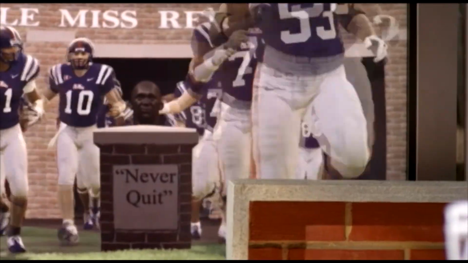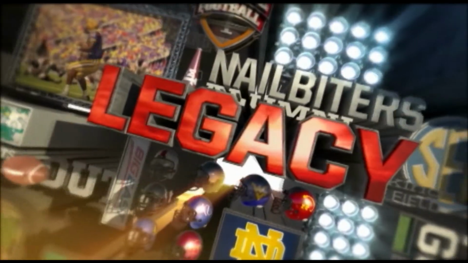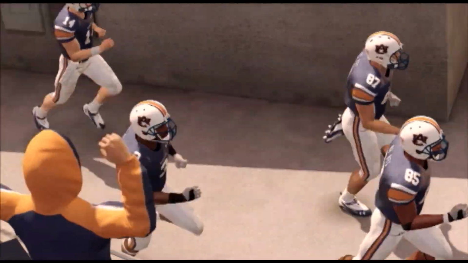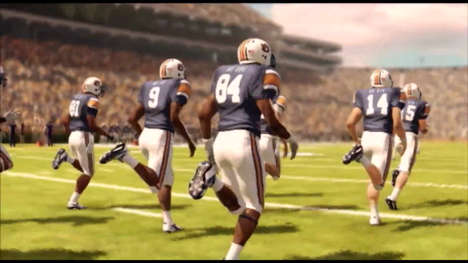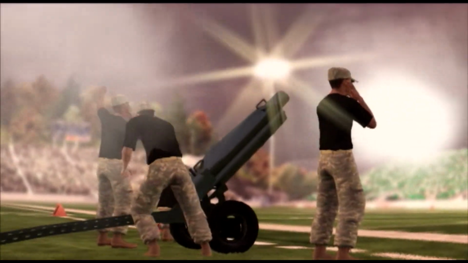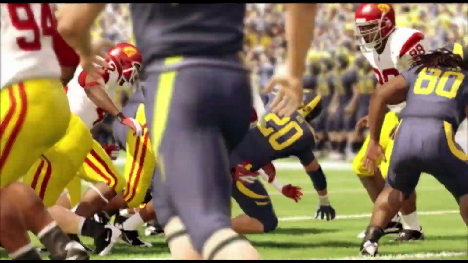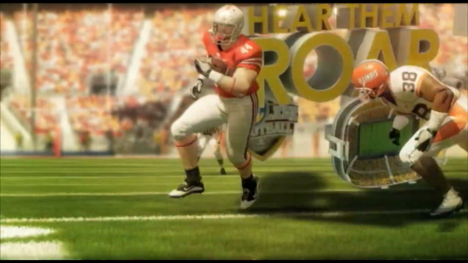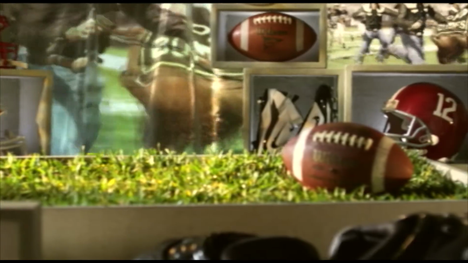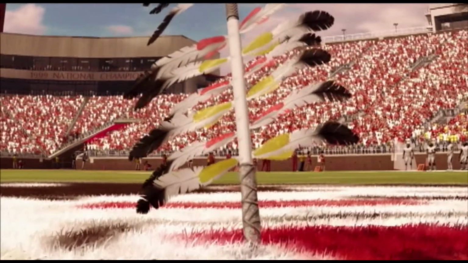Traditions tell the story of what you represent, of those that forge the legacy you uphold. When you come charging out of the tunnel, 100,000 people will be watching your every move. How you respond to that pressure is what defines you. These are the moments that reveal your toughness, your determination, and your pride. The Roughnecks on the Sooner Schooner. Ralphie charging out of the gate. And Chief Osceola planting his spear.